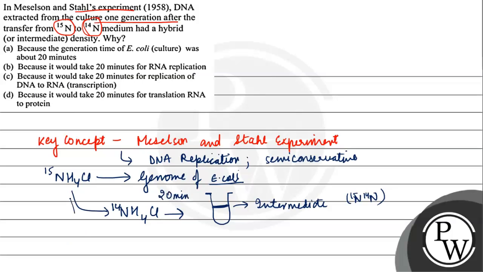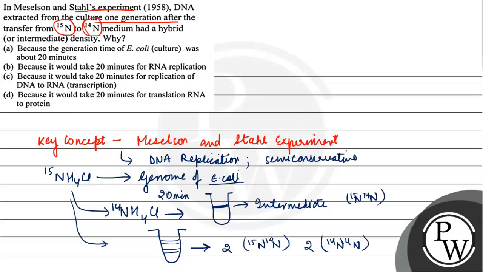After that, in the second generation, we saw that two bands of light DNA were obtained, along with two bands of intermediate DNA. That means two bands of intermediate DNA and two bands of light DNA, that is, the normal form, since heavy DNA had N15.